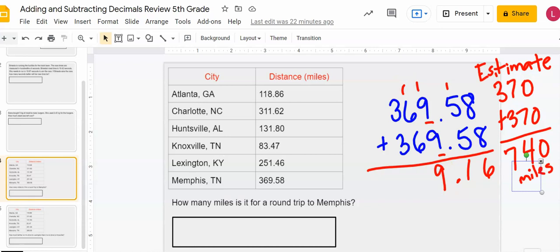Okay, now I'm going to add my tens. So 60 and 60 is 120, plus 10 more, so that's 130. And then I'm going to add my hundreds. 300 and another 300 is 600, plus one more is 700. So 739 and 16 hundredths.